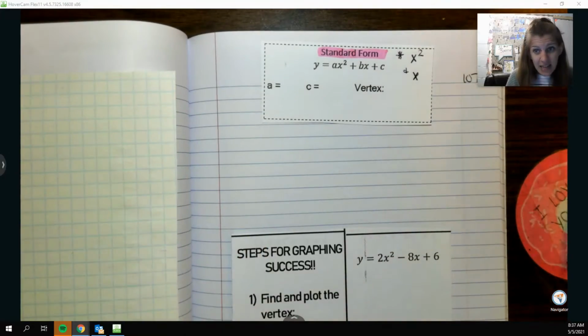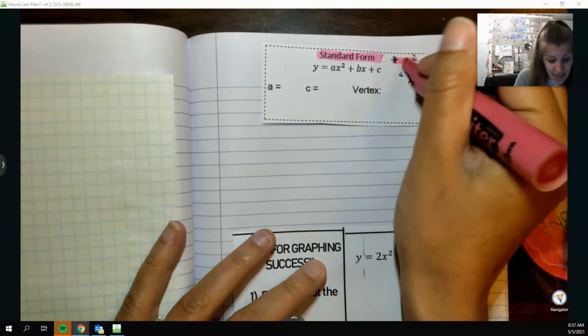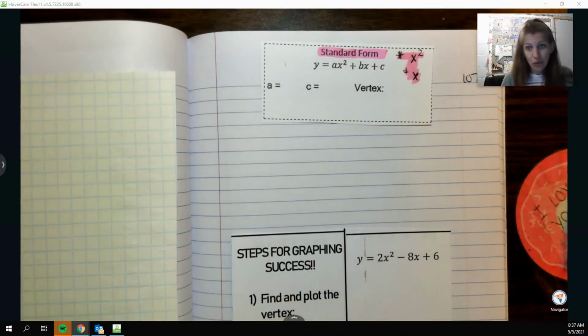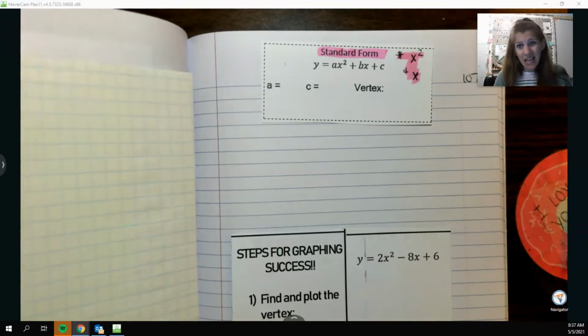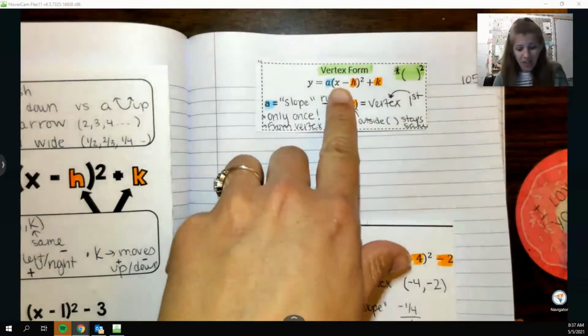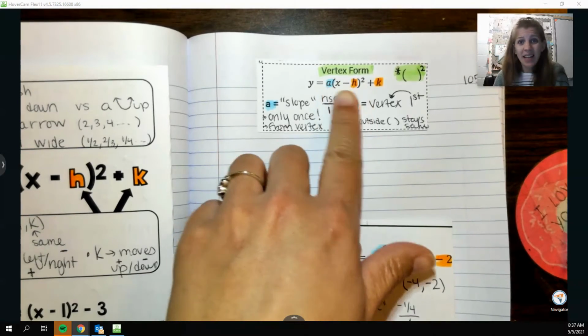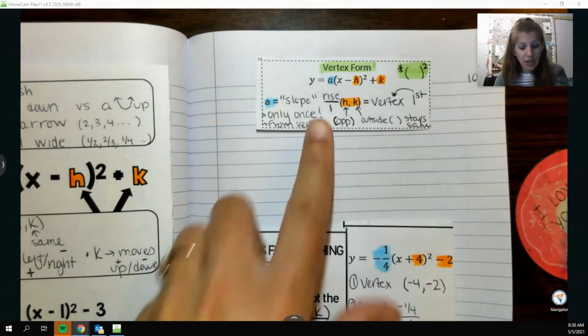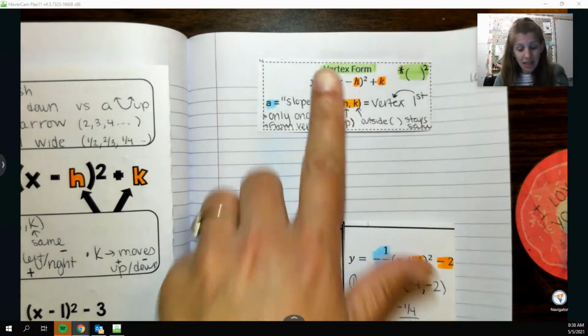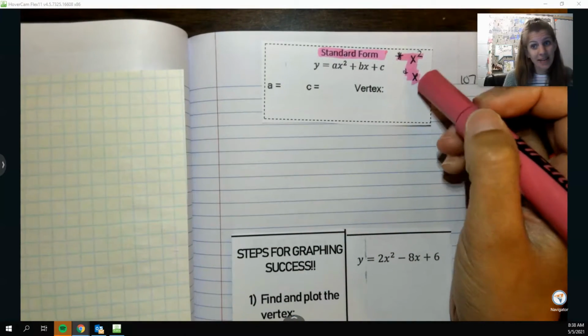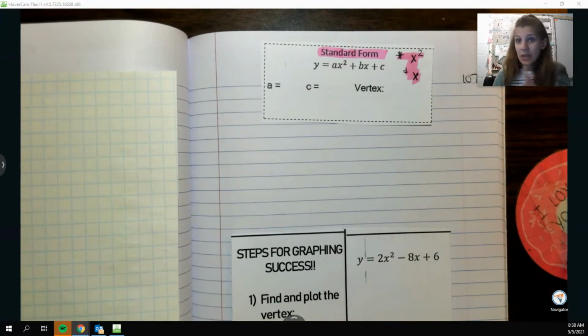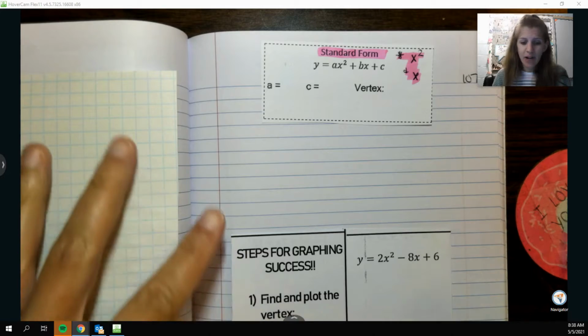So if it has both an x squared and an x, I know that I'm in standard form, versus vertex form, which only has one x and these parentheses. There are kind of two x's for standard form, an x squared and an x. So that's how I can tell the difference.